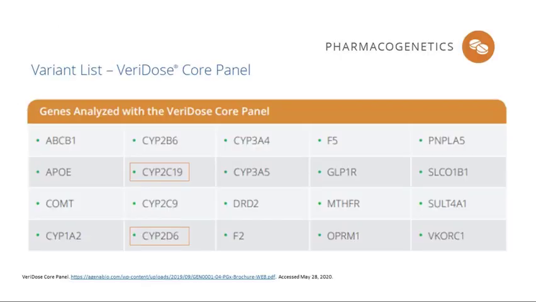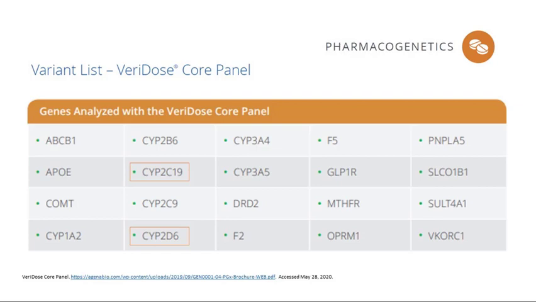And so when we look at an example here, what I did was I looked at the Veridose 4 panel from Agena, and then you'll see in a little bit that I randomly chose one of almost 2,500 patients from a long-term care database that we have, and then tried to put this together again as another example.